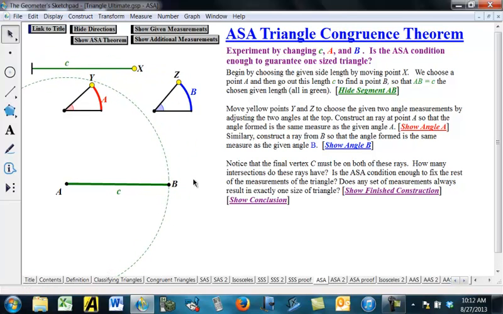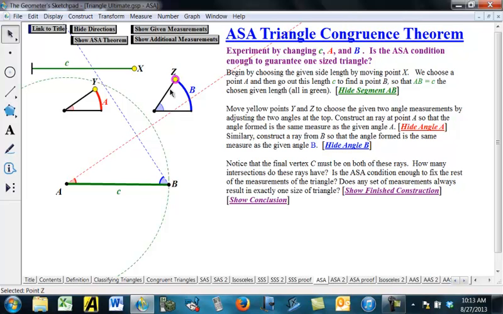Once we have that fixed and we want to make an angle A, we just take one end and make the angle A. We have this line segment, so we have one of the sides and two of the vertices. We just have to find the third vertex. We know it's on that angle there because that angle matches this angle right here. And then the other angle has to be at the other side, so we'll put the angle at B that matches this one here.